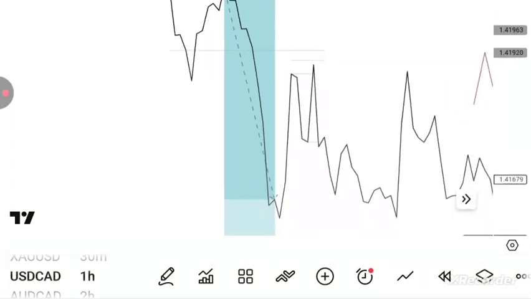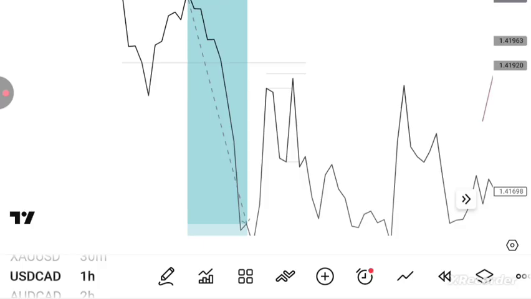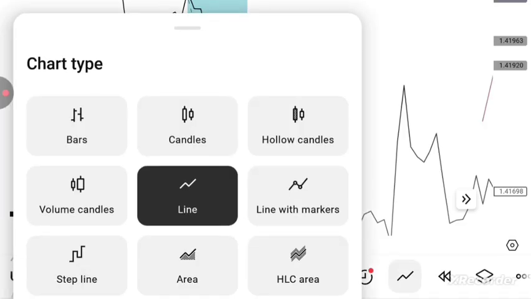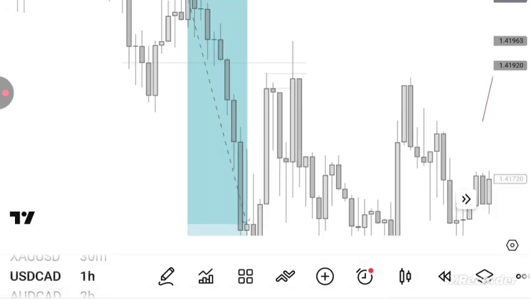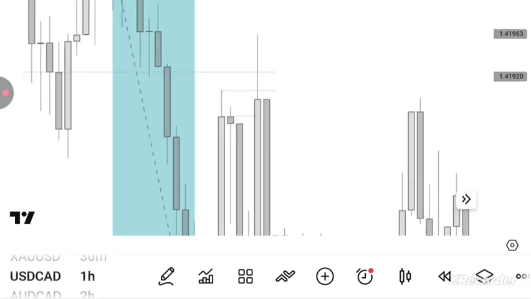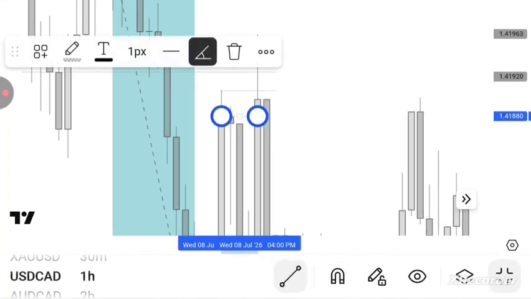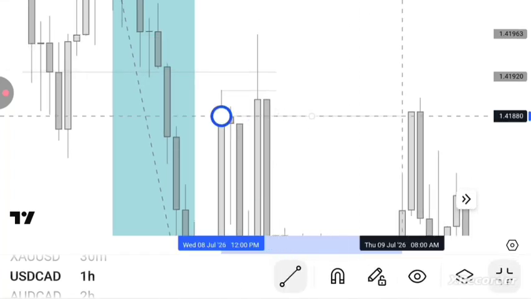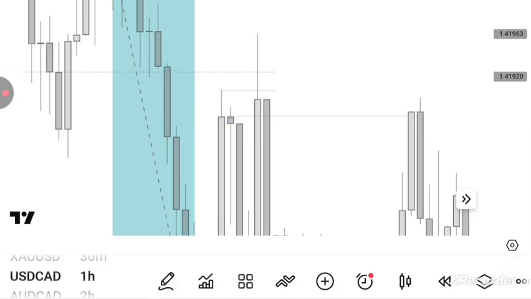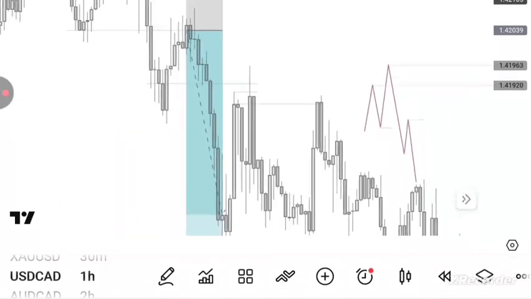So the confirmation entry we got here was an advanced market structure on our 1 hour time frame. If we go back to the line chart, onto the candle chart, you see what price did. This particular QM level, price tapped into it. That was a confirmation entry, right?